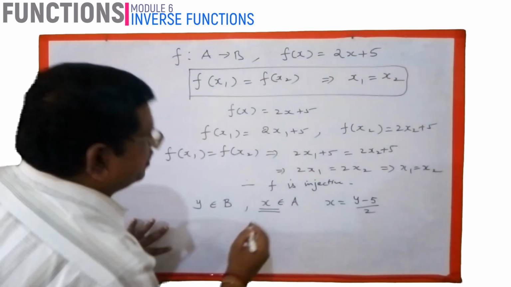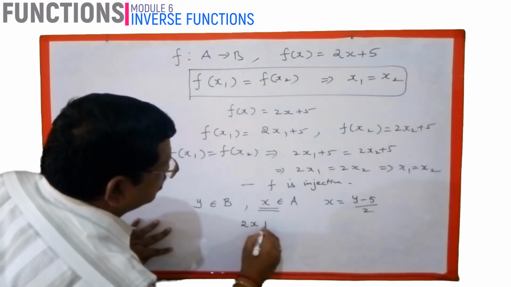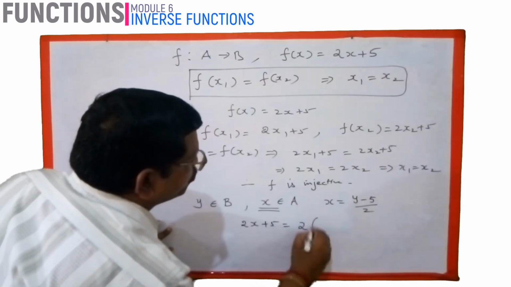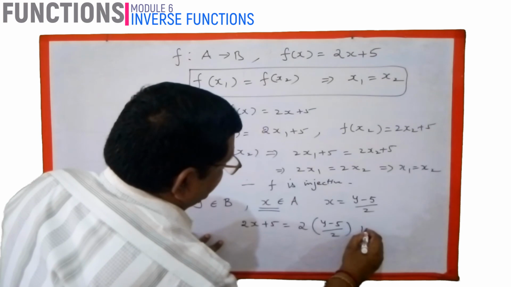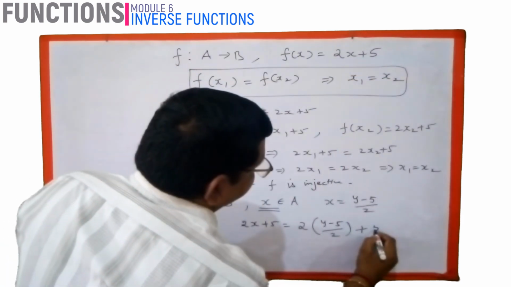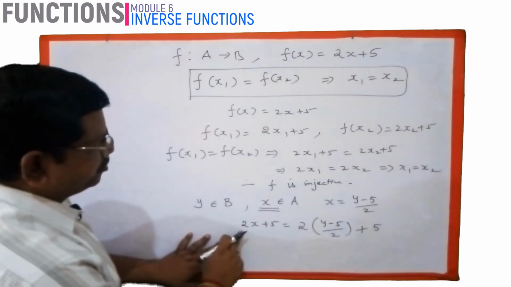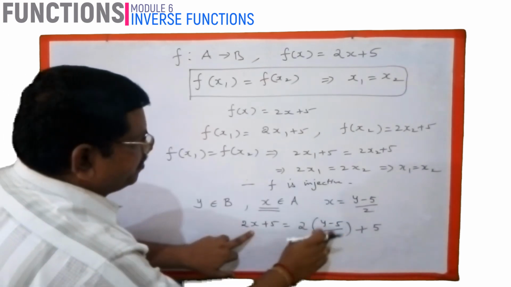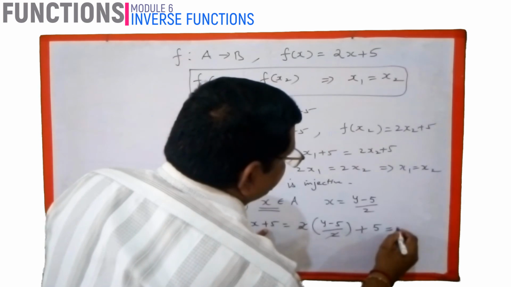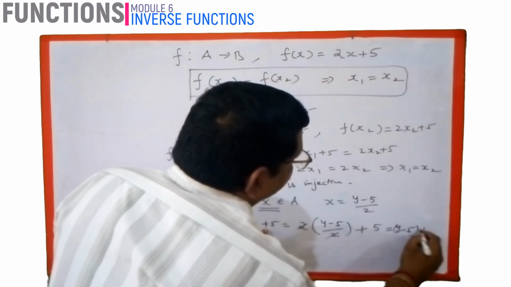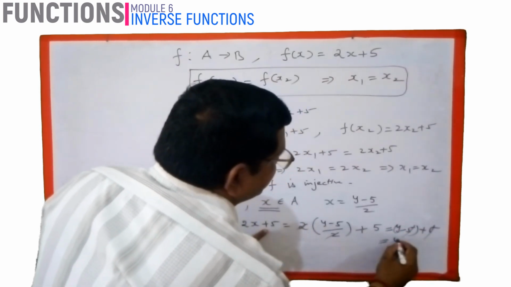Now substituting this value here, 2x plus 5 can be written as 2 into (y minus 5) by 2, plus that 5. So we are substituting x as (y minus 5) by 2 in 2x plus 5. The 2 can be cancelled, we get y minus 5 plus 5, the 5 can be cancelled, it will be y.